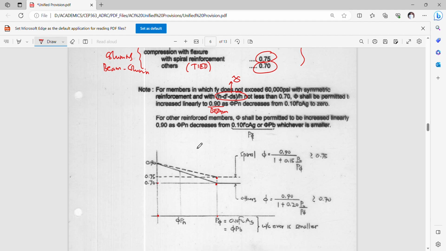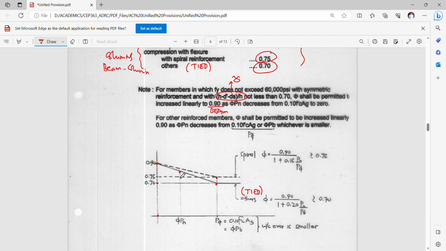So the transition between the beam and the column behavior is a straight line connecting these two points, for spiral and for tie. And if you want to get the value of your phi at the transition, we just have to know the value for Pn. Okay, so if we know Pn, then we can solve the value of phi.